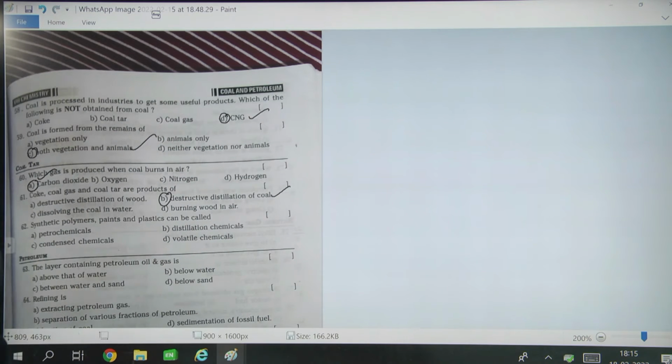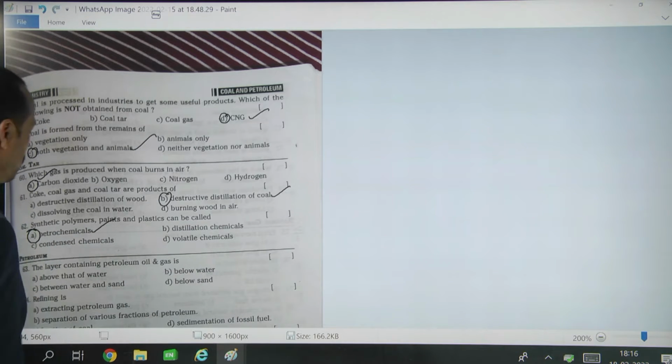Synthetic polymers, paints and plastics can be called distillation chemicals? No. These come under petrochemicals. They come under petrochemicals.